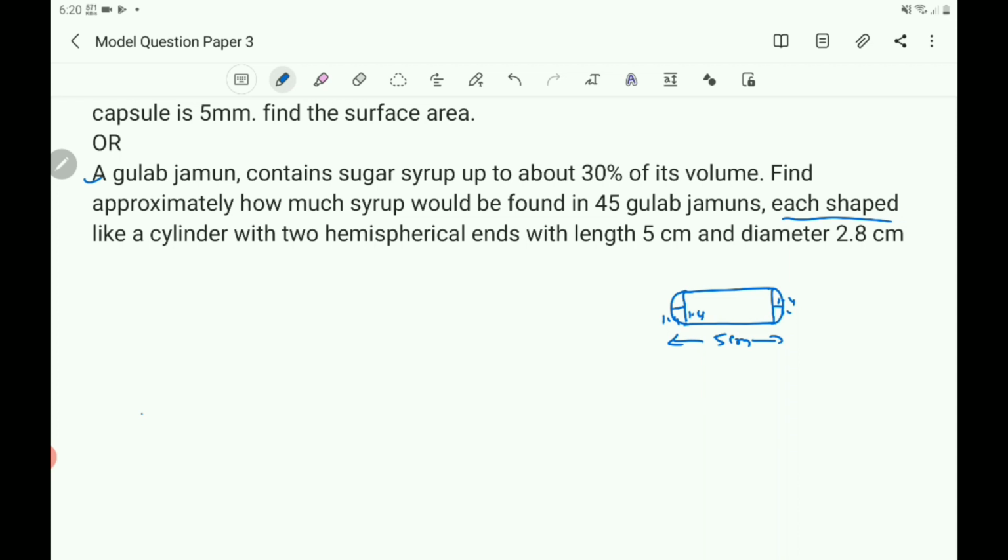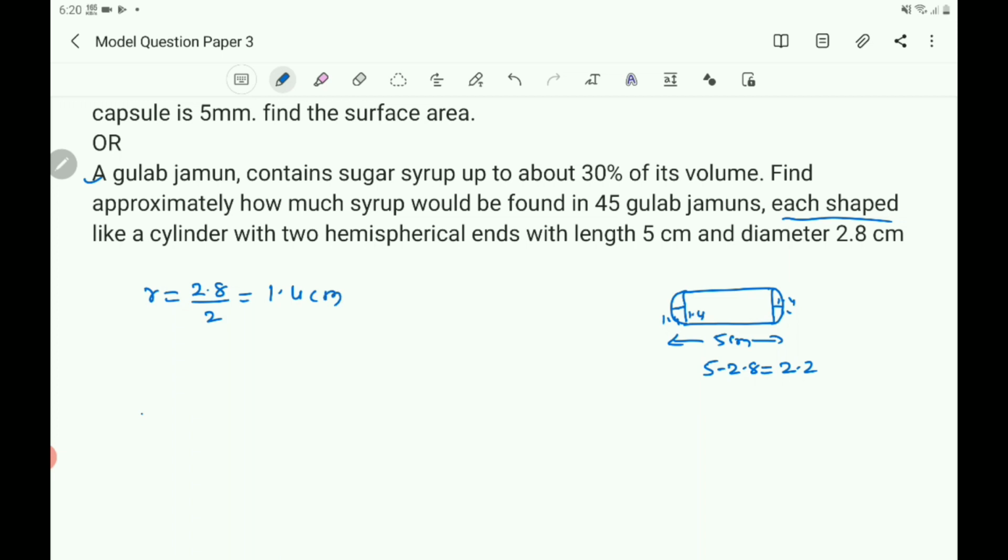Then what is the length of the cylindrical portion? The length of the cylindrical portion becomes 5 minus 2.8, that equals 2.2. So here what is given: R is equal to 2.8 by 2, that equals 1.4 centimeter.